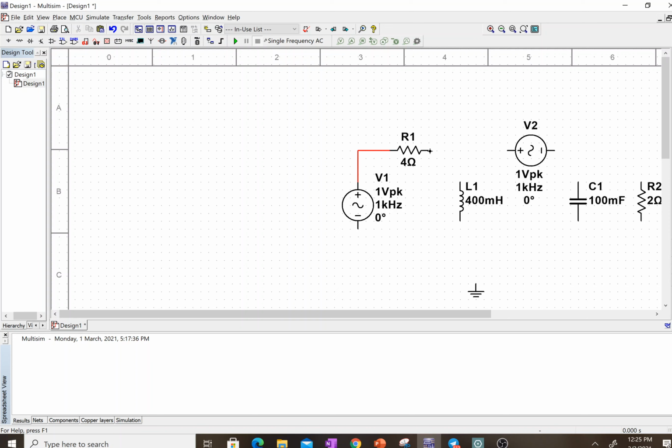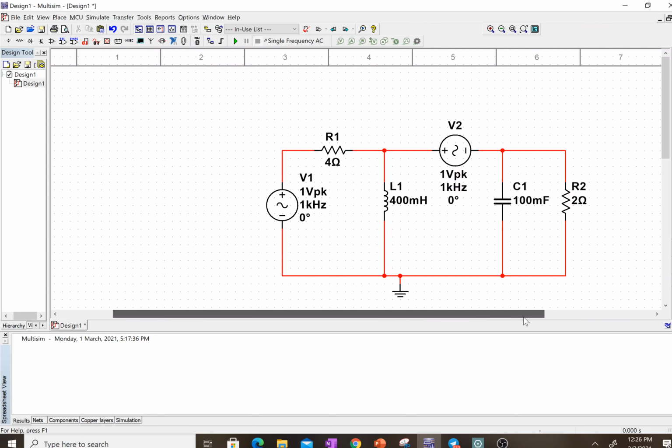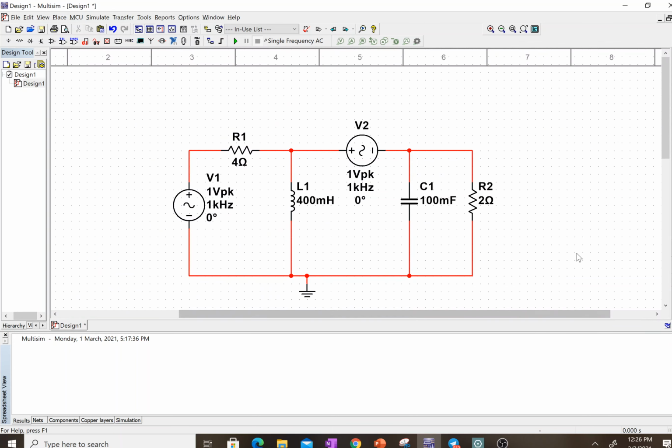Okay, connect to here, and this one here, and this one to here, and this one to here, and lastly this one connect to reference node ground here, and lastly here. Okay, so now we have already constructed our circuit.